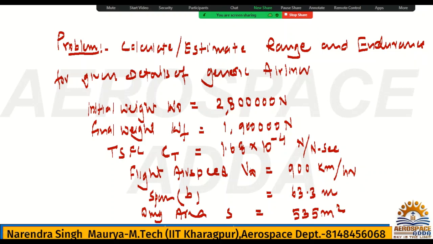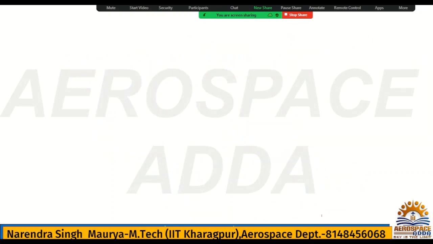These are the data you need to write. Because they have given the details of the airliner, there should not be any confusion. Next, area is there, span is there.